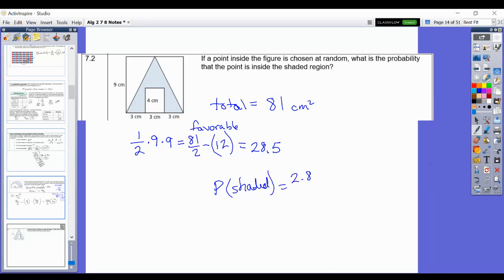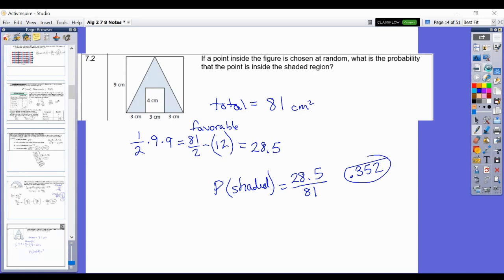Oh, goodness. My decimal got ahead of me. Okay, 28.5 divided by 81. And we can just divide those and get 0.352. So this would be the probability that I'm looking for on this problem.